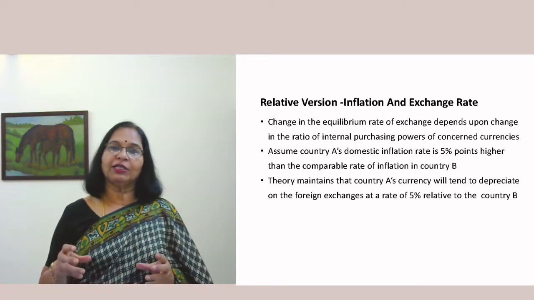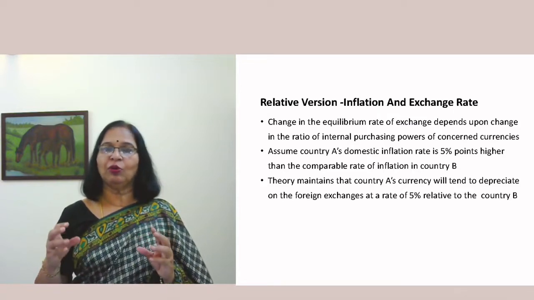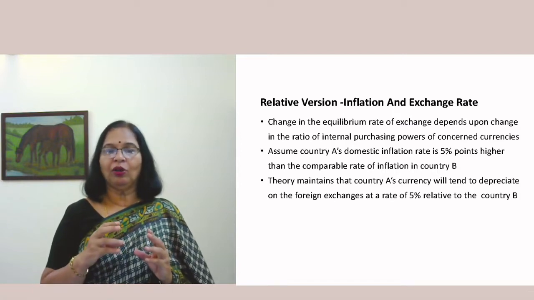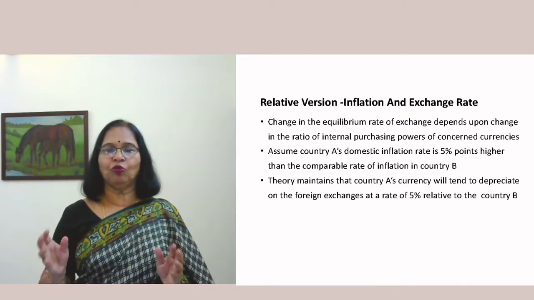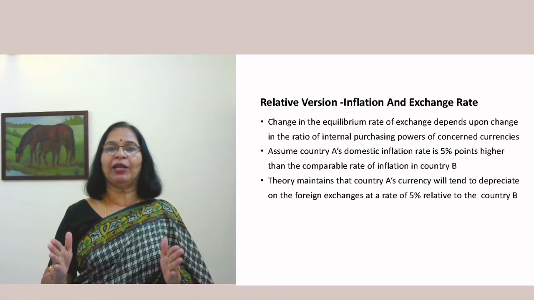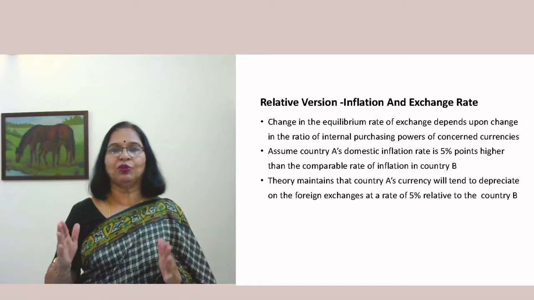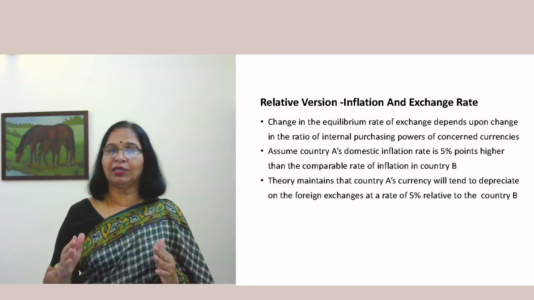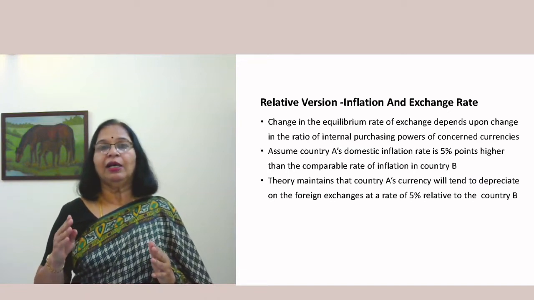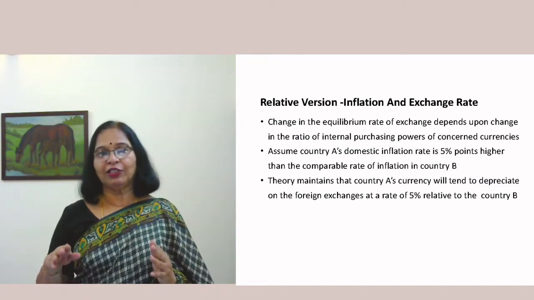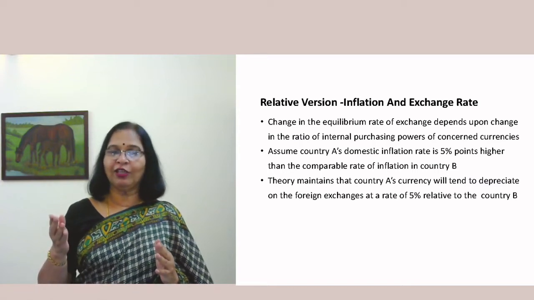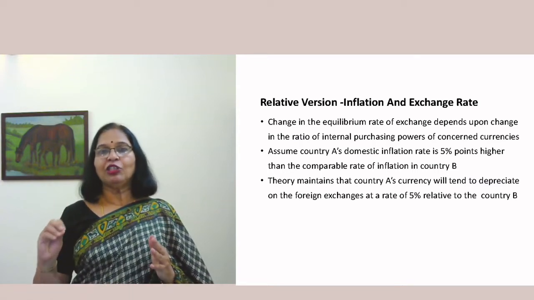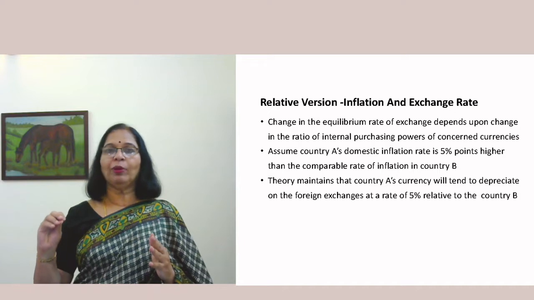Now, what we understand here, let us take this example, $1 is equal to 70 Indian rupees. That's the same purchasing power parity, and we found that it was 1 is to 70. This is just a number for the sake of convenience to understand the idea. Then, India is experiencing inflation. If India experiences inflation, then this 70 rupees that we were paying has now become 75.